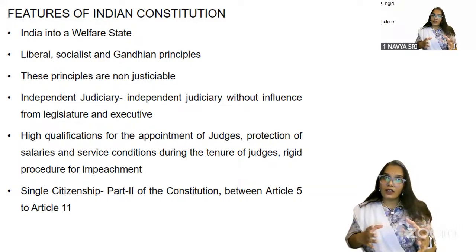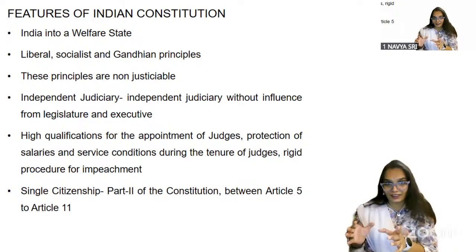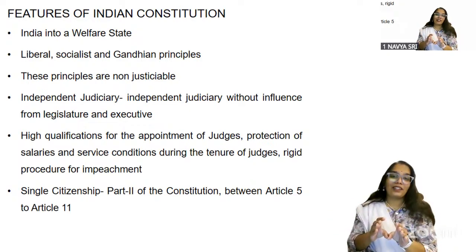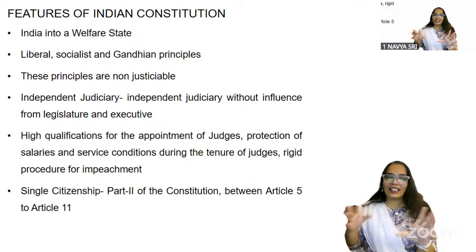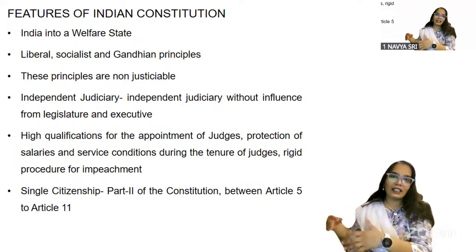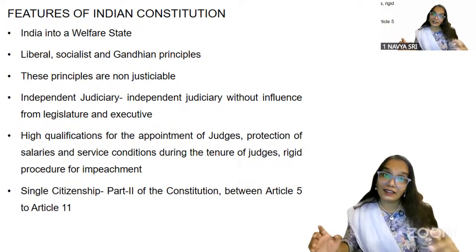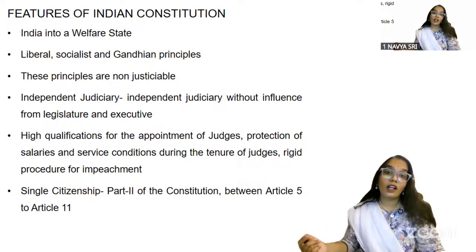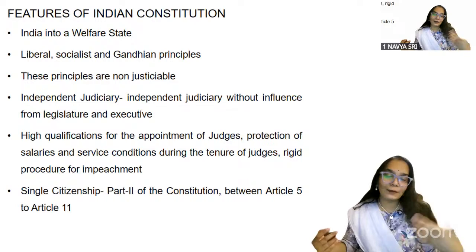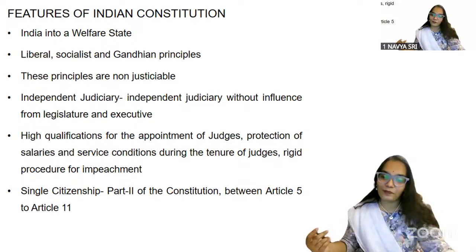So the procedure for impeachment of a judge is similar to that of the Speaker of the House. We'll be reading this in upcoming lectures, but so that you have some excitement about what such features are, I'll be talking about them.